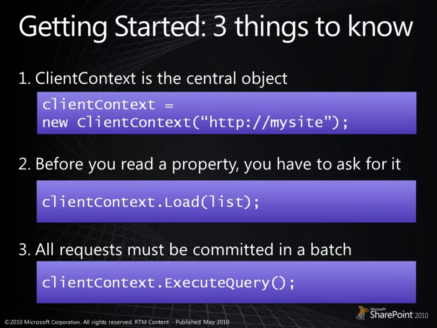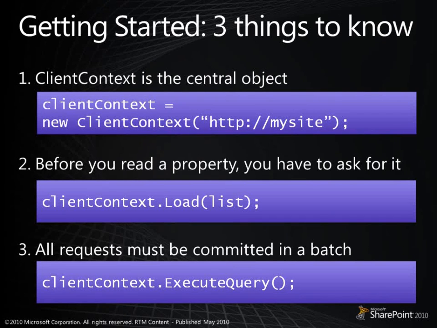So let's take a look at some of the things which we need to do to get started with implementing a client object model within our code. Once we have set up the references, we need to create the client context object. We use the client context object to define the actual site collection which we will be accessing via the object model. We'll need to create this object before we are able to request or access any information on the site.